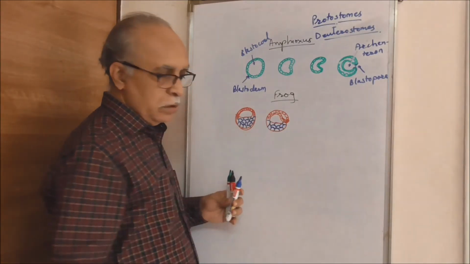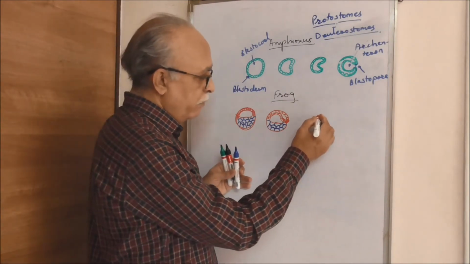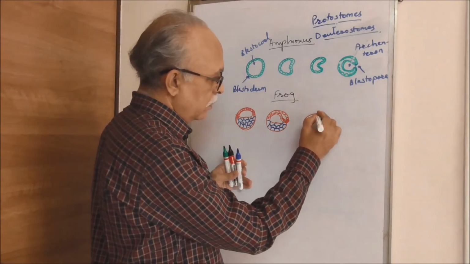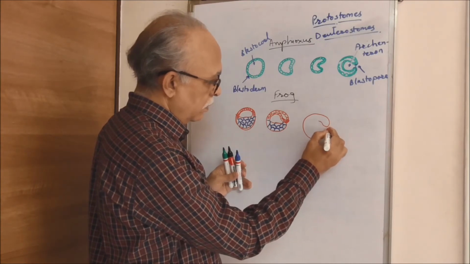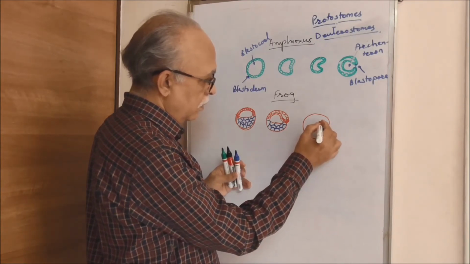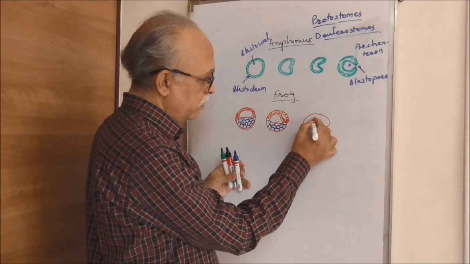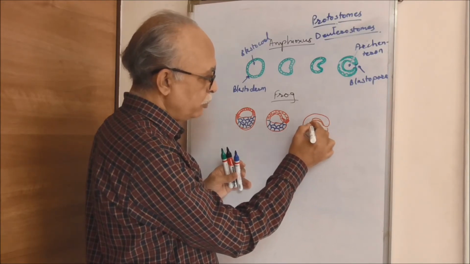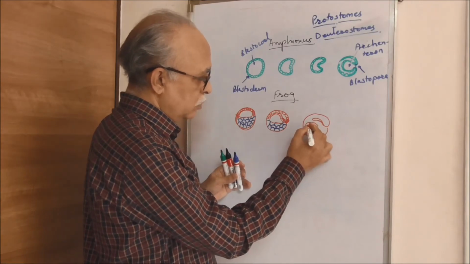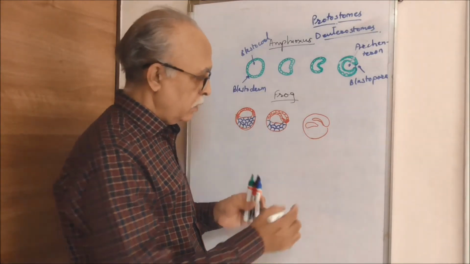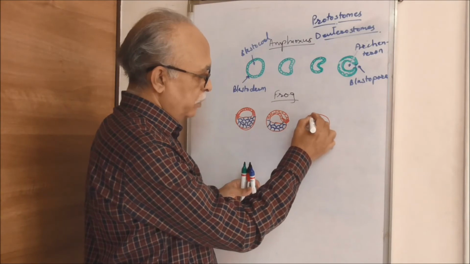This involution will continue to develop further. And when it develops further, it starts developing a cavity here. This was the earlier blastocele. These are all micromeres.